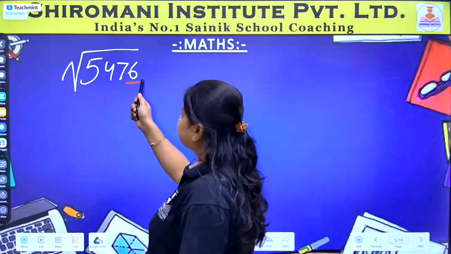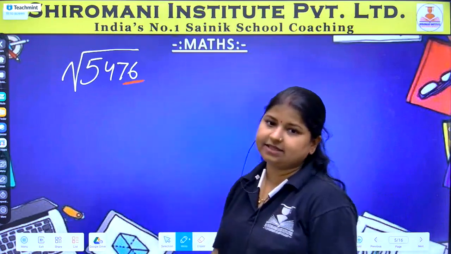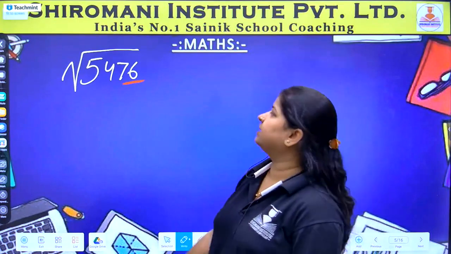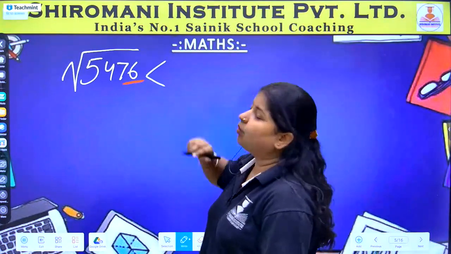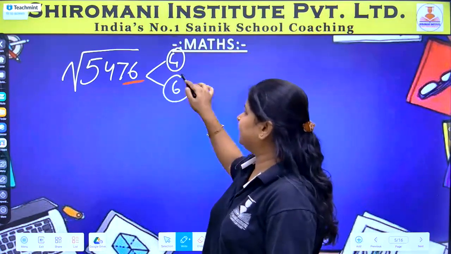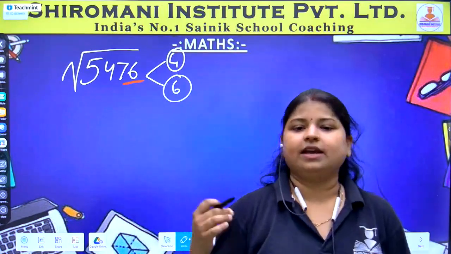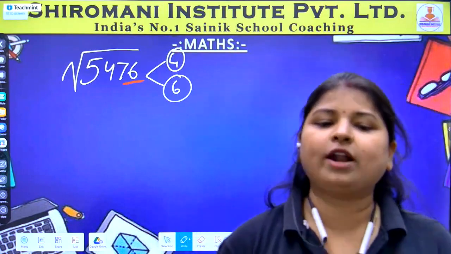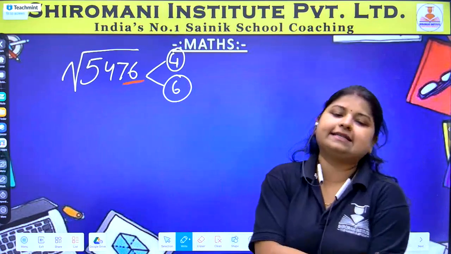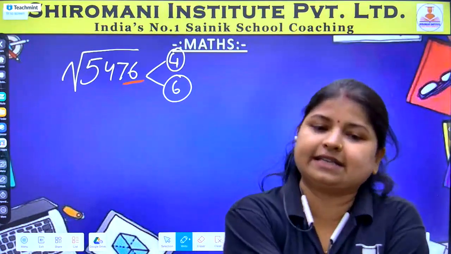Let's understand how we can solve this. Last digit is 6, right? That means my answer would be either 4 or 6 at the end, because 4 into 4 is 16 and 6 into 6 is 36.